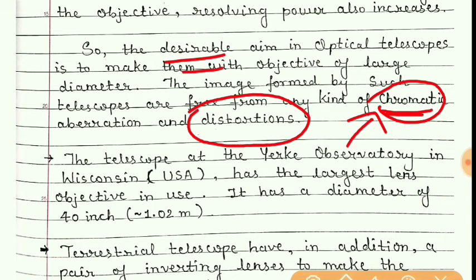Now what are distortions? When we try to magnify the image of the object which we are observing, sometimes the image spreads out. That is distortion, the spreading out of the image. So a large diameter objective is preferable.